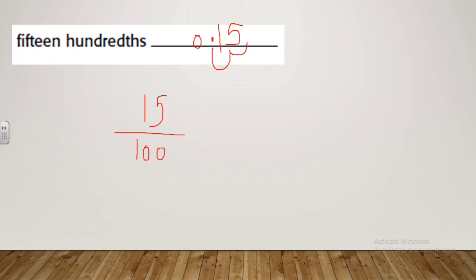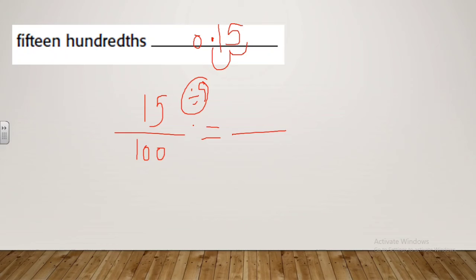You got it? If he asks you to write it in the simplest form, you will ask yourself first, 15 and 100, are these two numbers able to be divided by the same number? Come on, let's think about it. Yeah, we can divide by 5, right?